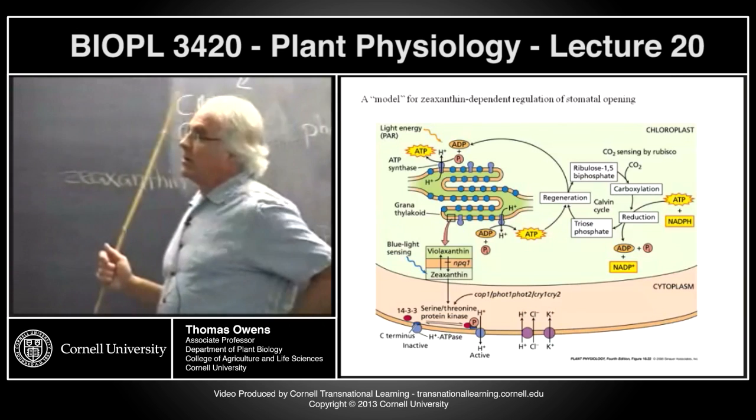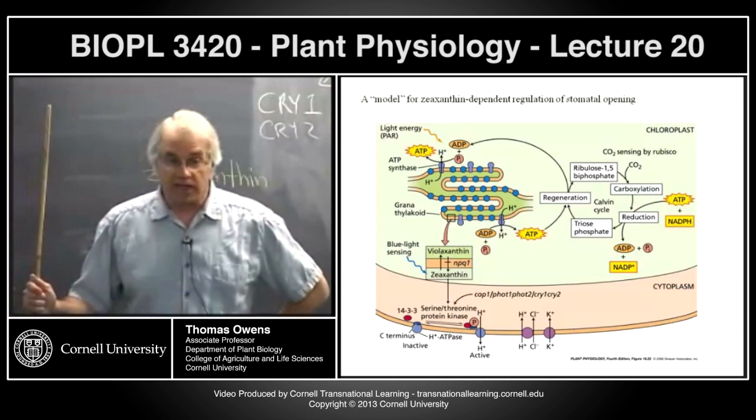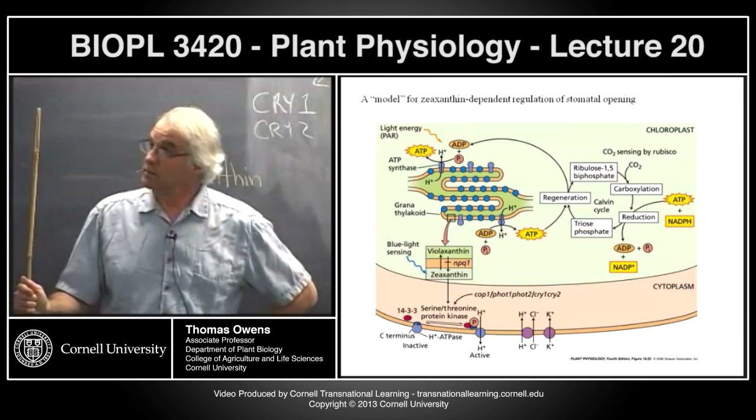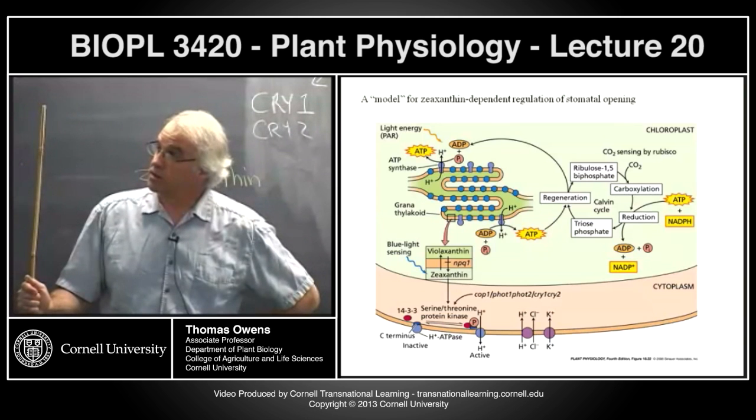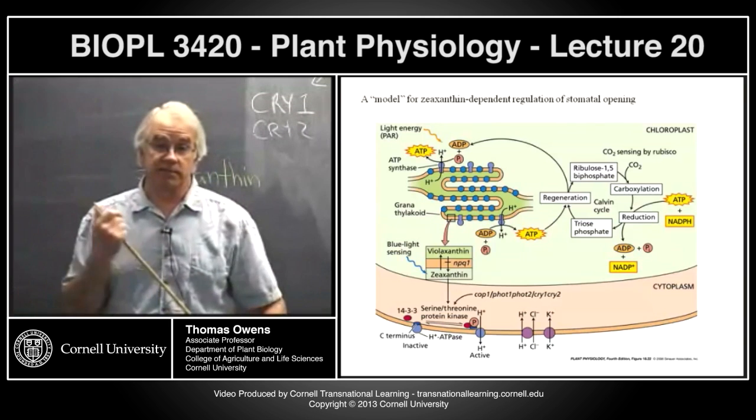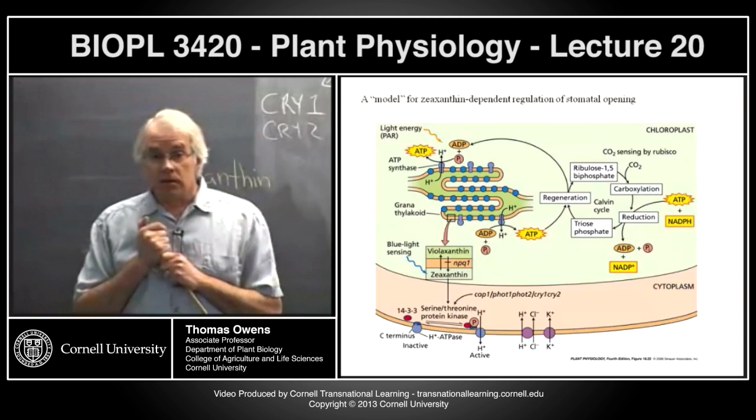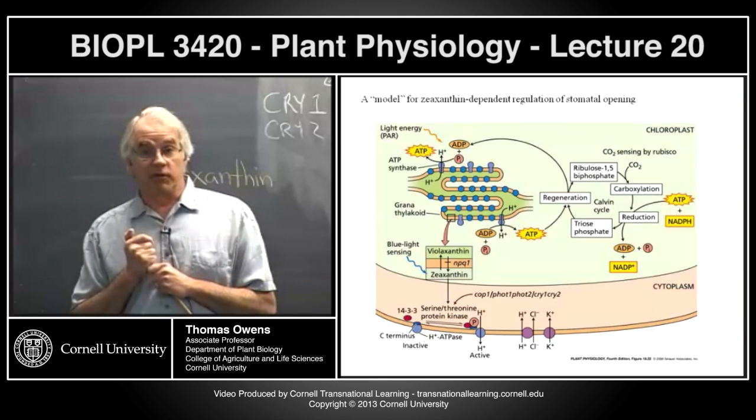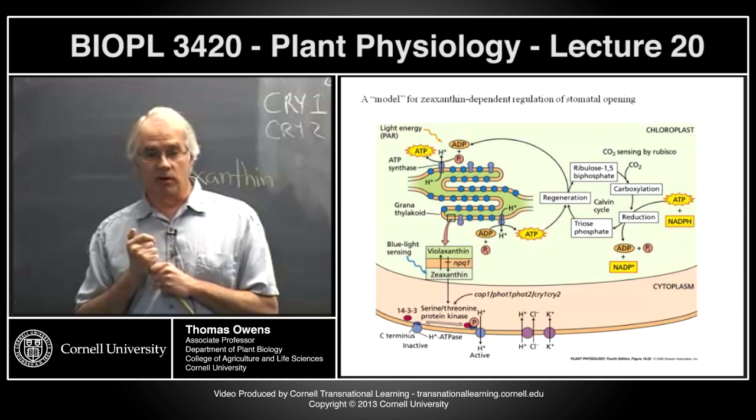this is the model that Zeiger presents at the end of the chapter to talk about the role that zeaxanthin plays. And a couple things that are important. First of all, because zeaxanthin plays such an important role in photosynthesis, it's been studied pretty greatly.